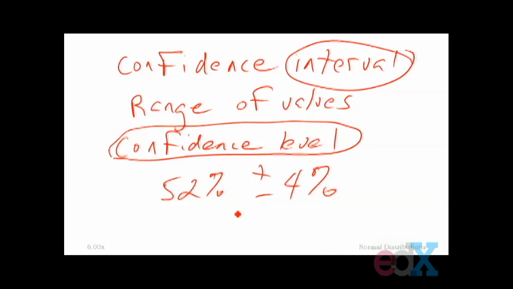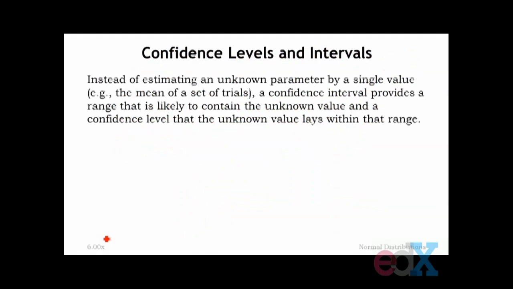And typically, even though it's not always stated explicitly, when people don't state the level, they typically mean a 95% confidence level. So what this would mean is that the pollster believes that with a probability of 0.95, the candidate will receive somewhere between 48 and 56% of the votes. Together, the confidence interval and the confidence level indicate the reliability of an estimate.